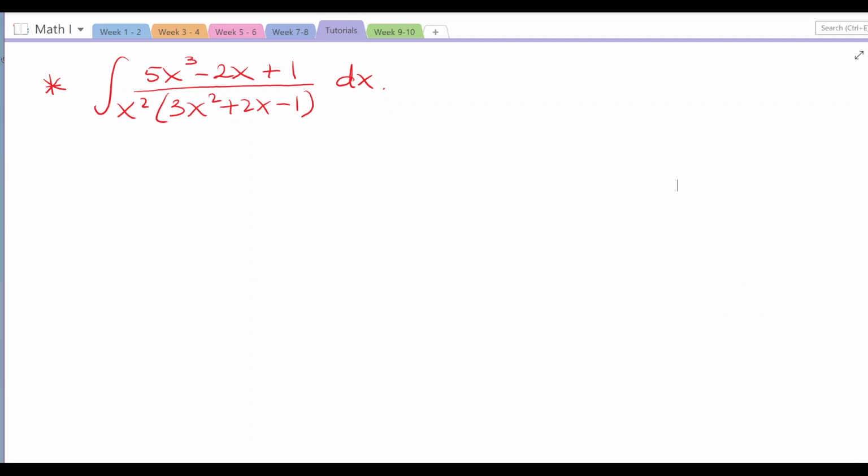First things first, we have 3x squared plus 2x minus 1.